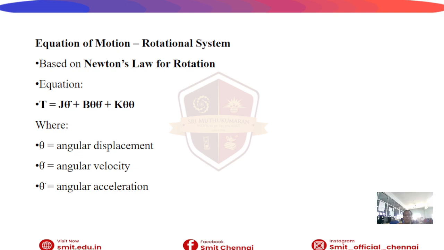So the equation of this system is T equals J d square theta divided by dt square plus b into d theta divided by dt plus k into theta. Theta means angular displacement. The rate of change of displacement is called angular velocity. The rate of change of angular velocity is called angular acceleration. This equation describes rotational system dynamics.